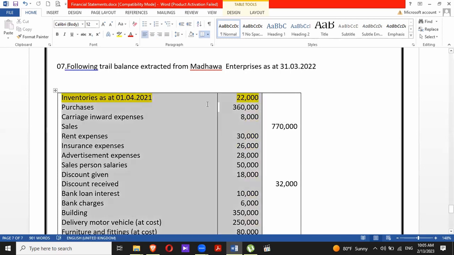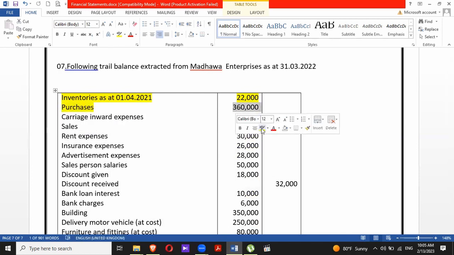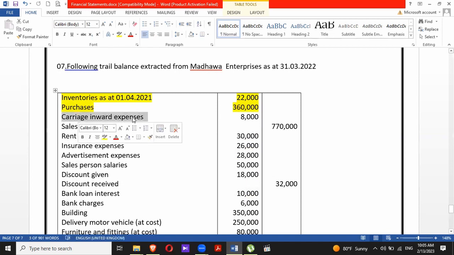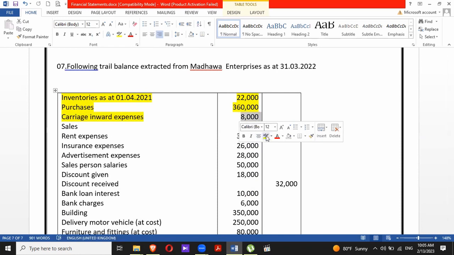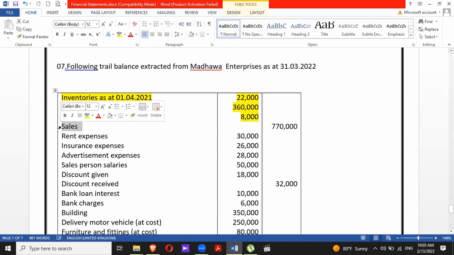Next one, purchases. That also comes under the profit or loss statement. Next one, carriage inwards expenses. That also comes under profit or loss; it's a purchase related expense, so it comes under cost of sales. Sales is also income, so it comes under profit or loss.